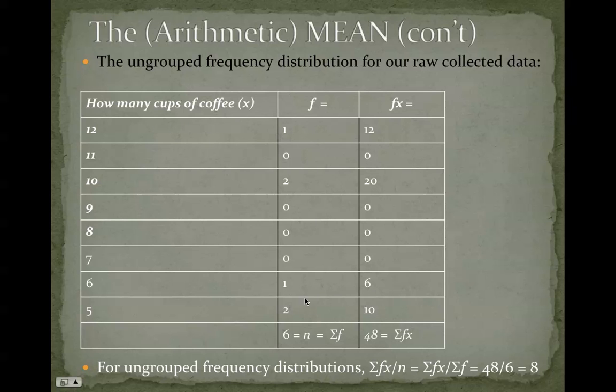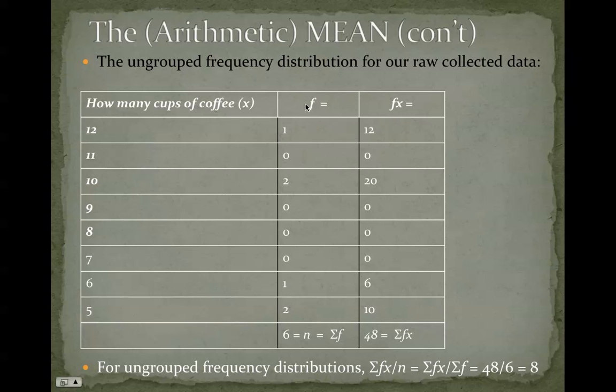So it's 12 times 1 equals 12. 11 times 0 equals 0. 10 times 2 equals 20. 9 times 0 is 0. 8 times 0 is 0. 7 times 0 is 0. 6 times 1 is 6. And 5 times 2 is 10. So simply, Fx is the F, or the frequency, times X. All I'm doing is multiplying this column by this column.